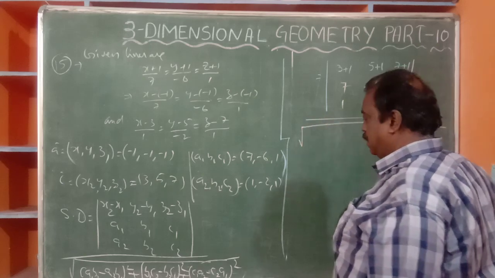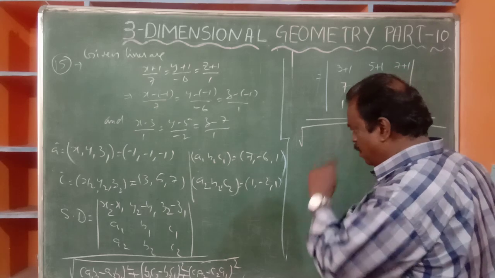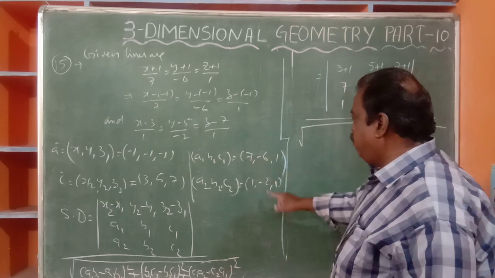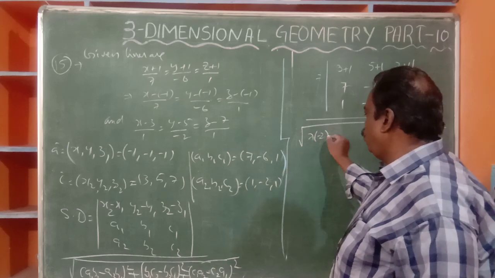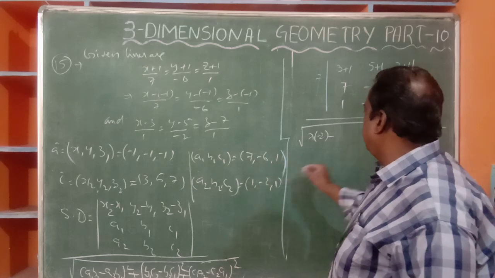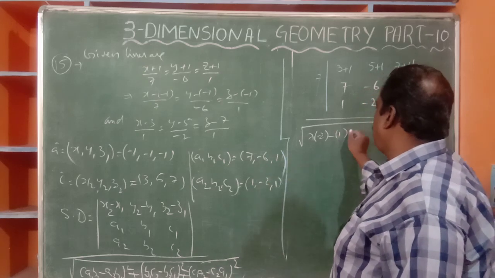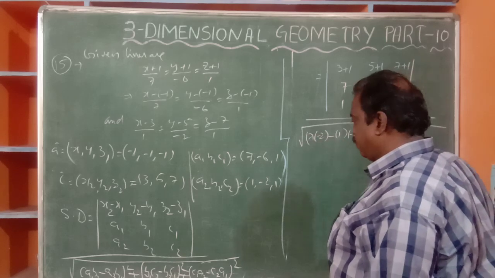Okay, now a1 b2, see there only. Be careful: 7 into minus 2 minus a2 b1, 1 into minus 6, whole square. Be careful.